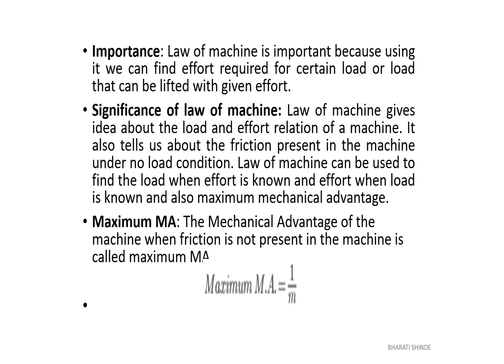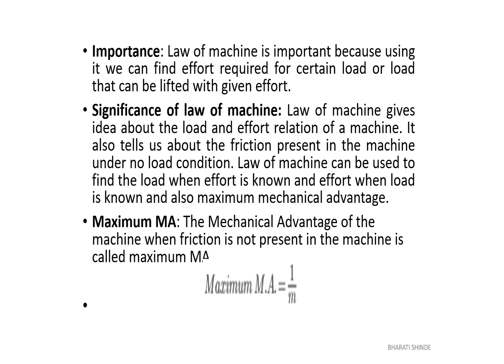Now, what is the importance of law of machine? Law of machine is important because using it we can find the effort required for a certain load, or the load that can be lifted with a given effort. So in this way we can find effort as well as load. Then the significance of law of machine: it gives an idea about the load and effort relationship.